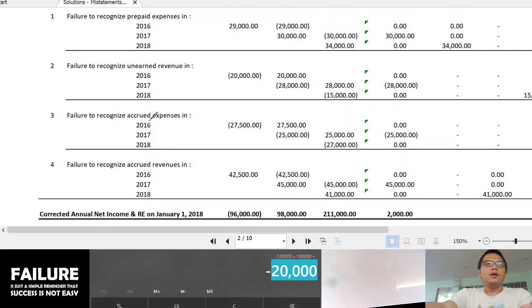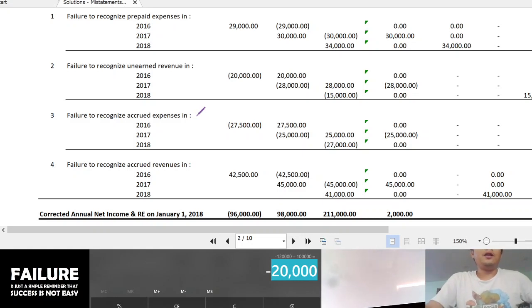Error. Failure to recognize accrued expenses. So, anong nangyari niya ng accrued expenses? We fail to recognize accrued expense. Meron daw tayong expenses na incurred during the year, pero hindi pa natin binayaran.